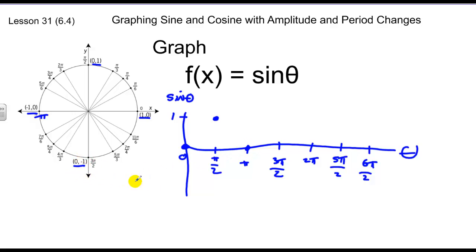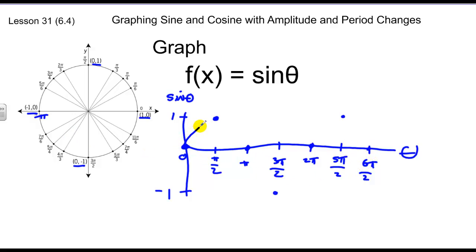Sine of 3 pi over 2, the y value is -1. Sine of 2 pi, y value is 0. Sine of 2.5 pi, which is right up here, once again is 1. Sine of 3 pi is 0, etc., etc., etc.